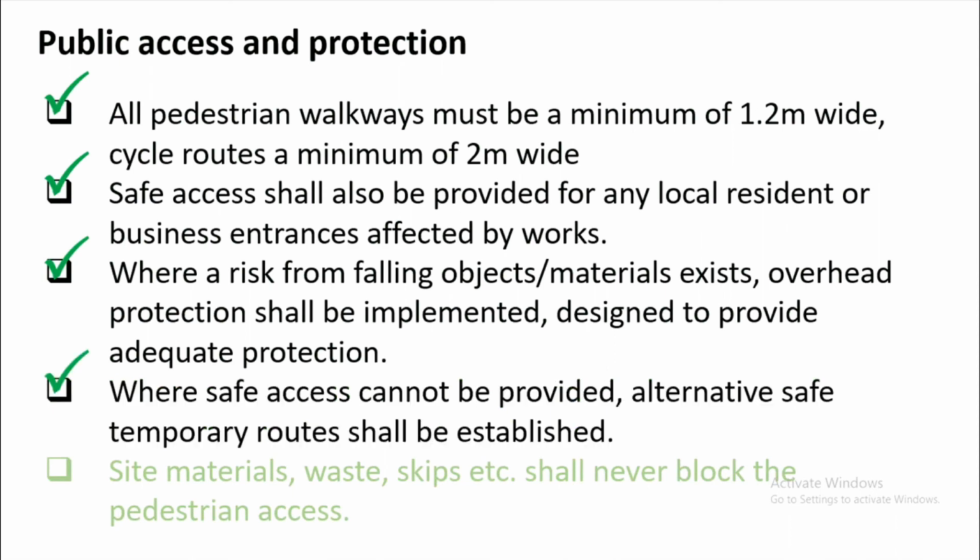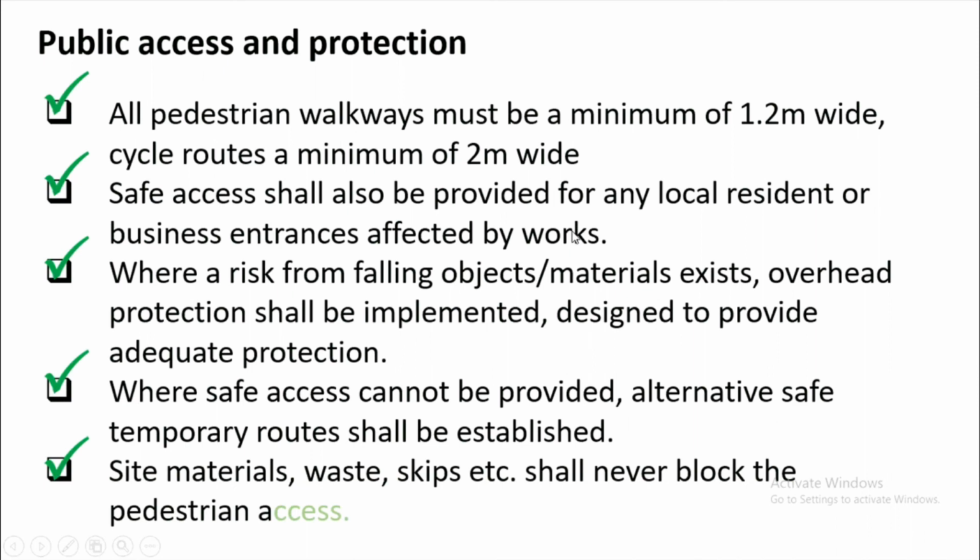Where safe access cannot be provided, alternative safe temporary routes shall be established. So when you are doing the excavations and you cannot provide safe access because of the nature of your job, you need to make an alternative safe access for the pedestrians or anyone, including your workers. So maybe you will reroute the pedestrian access to another location until your job is completed.